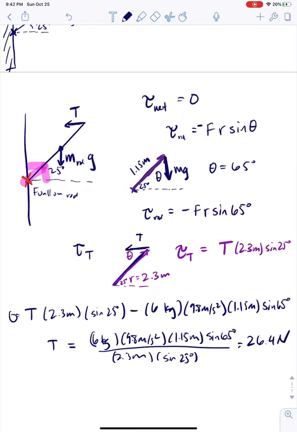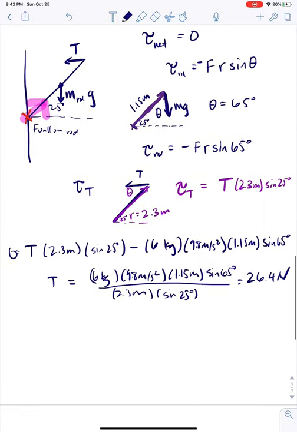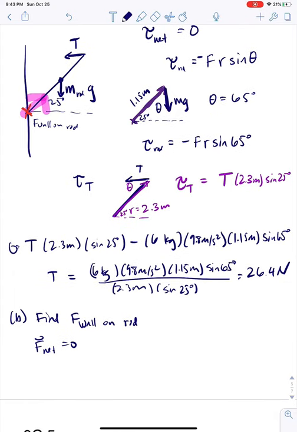Okay. All right, now the second part of this problem is find F wall on rod. Okay, so we know that not only is our torque net equal to 0, our F net is equal to 0. So let's write each of these forces as vectors, which we've kind of drawn on our diagram, but we haven't drawn explicitly.